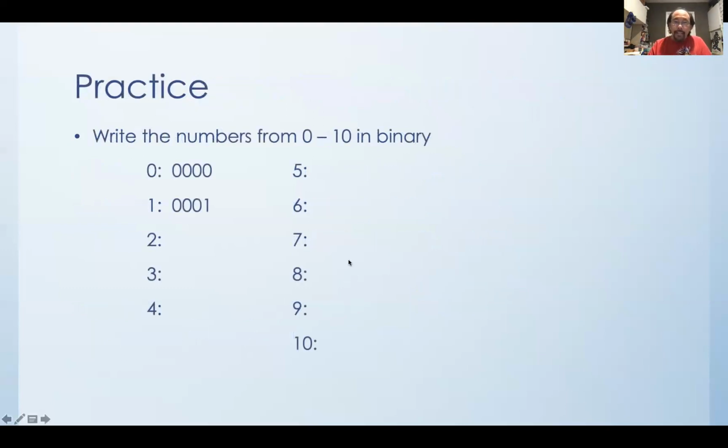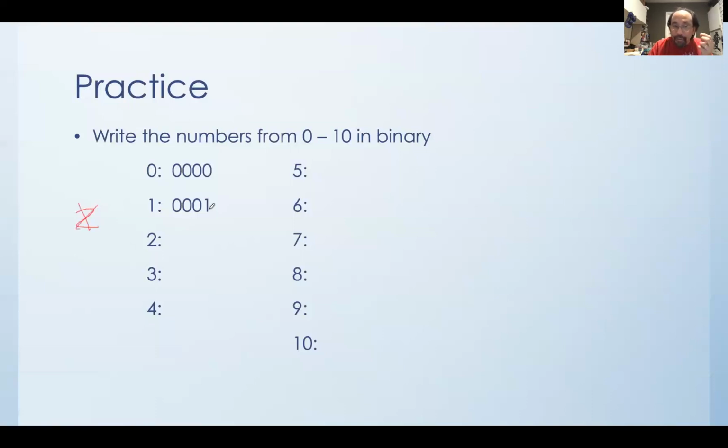Okay, I want to practice here, and I'm going to maybe even pause for a little bit while you think about this and do this on your own. I want you to write out the values from 0 to 10 all in binary. I started you out here. But notice, I don't have a symbol of a 2, there's no such thing as that.